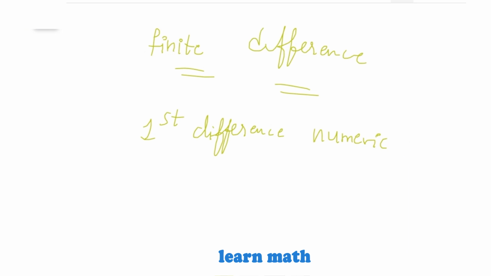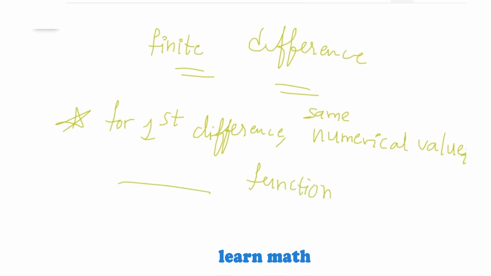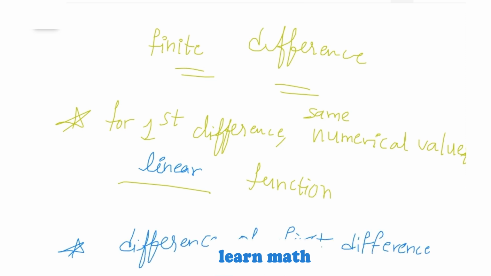If you get the same numerical values for the first difference, the function is linear. And how do you know if it is quadratic? For a quadratic, the second differences are the same. Second difference means the difference of the first difference values.